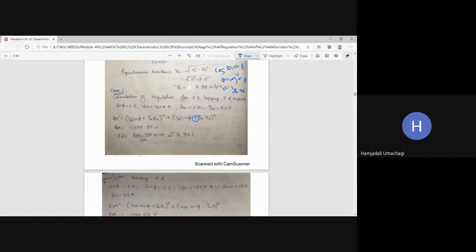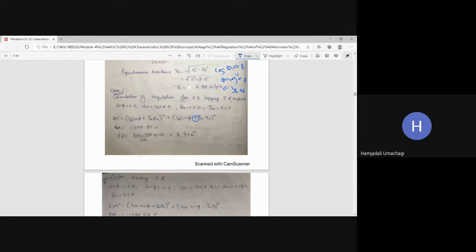And what will be the answer here? 3.77%. Okay, fine. Here the answer is 3.76. That much error is acceptable. No problem. So here the answer is 3.76%.